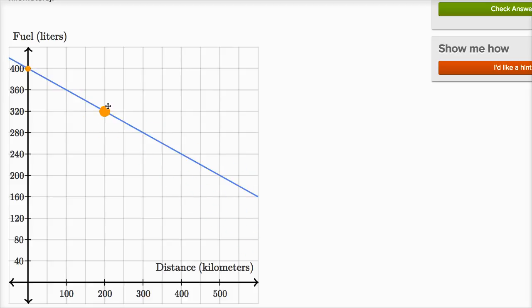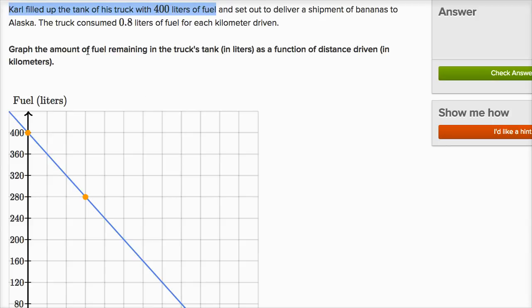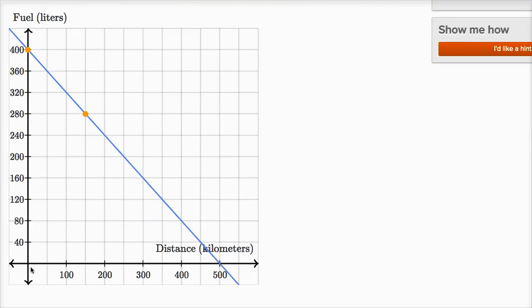Now we've got to think about where we might want to put this other point. We know he's consuming 0.8 of a liter of fuel for each kilometer driven. But we're not going by 1 kilometer, 2 kilometers. This is like 50 kilometers, 100 kilometers.